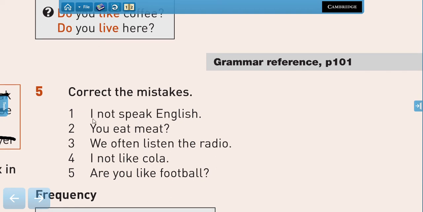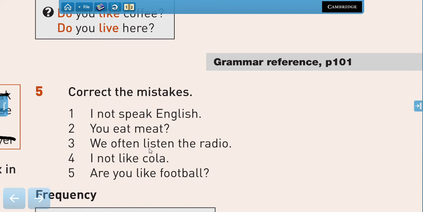Number 1 says, I not speak English. What's missing here? The auxiliary, right? So I say, I don't speak English. Very good. Number 2, this is a question. So we say, do you eat meat?